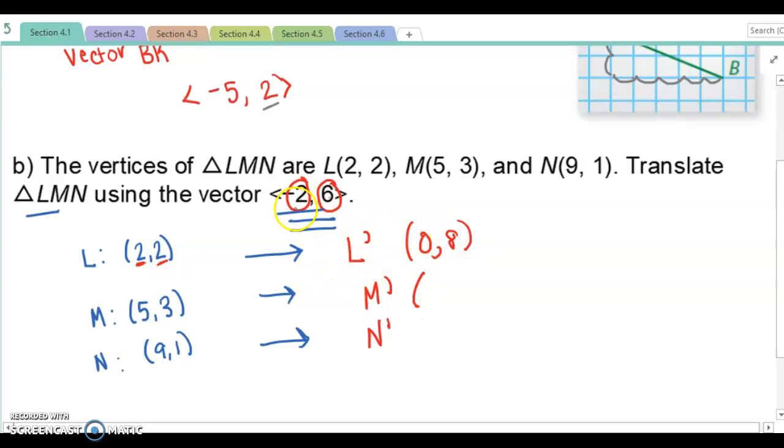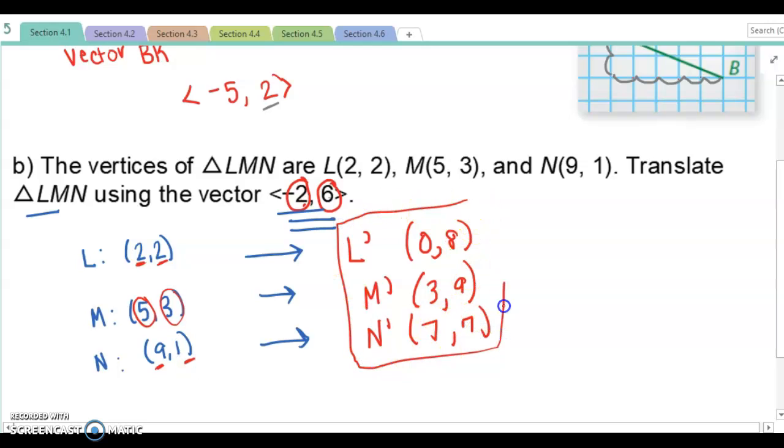Then M prime: if I go left 2 from 5, I'd be at 3, and up 6 from 3, I'd be at 9. And if I go left 2 from 9, I would be at 7, and up 6 from 1, I would be at 7. So these would be my new coordinates. And once again, if you want to plot it and double check, or if you just want to plot it to get these numbers, that'd be perfectly fine too. You'd probably be less likely to make a mistake doing that.